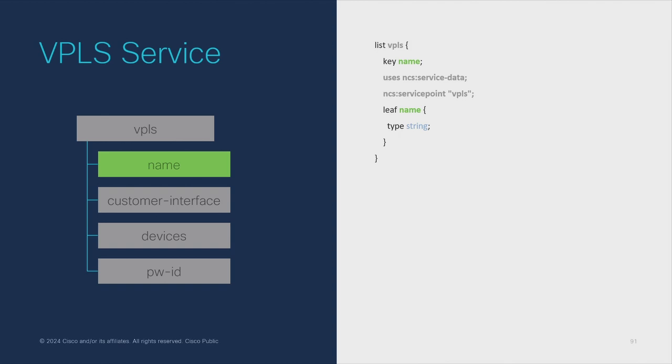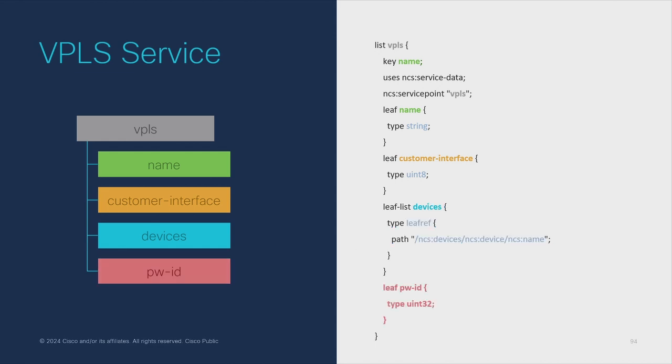Our customer interface could be just an integer. Maybe I only want to store the last bit of the number. That's just a standard leaf. As I said, the devices, it's going to be a list of devices. Because there's only one item in the list, I can just use a leaf-list. We can use a leafref. This is the path to the devices in NSO. So we can easily validate and select devices that NSO is managing to add to this device list.